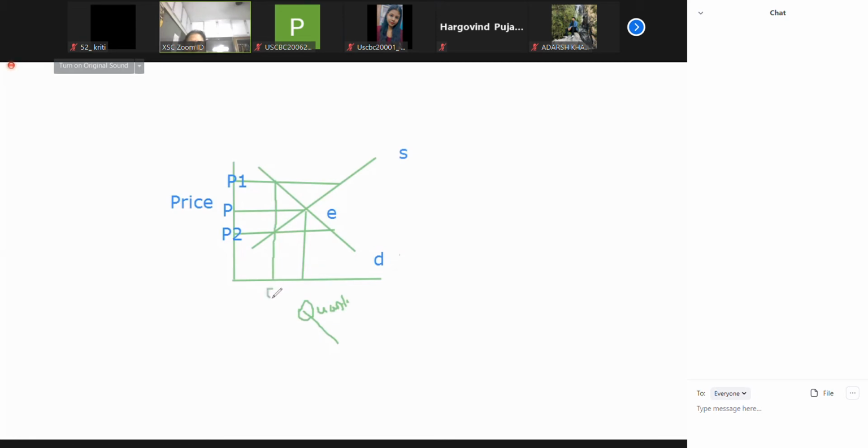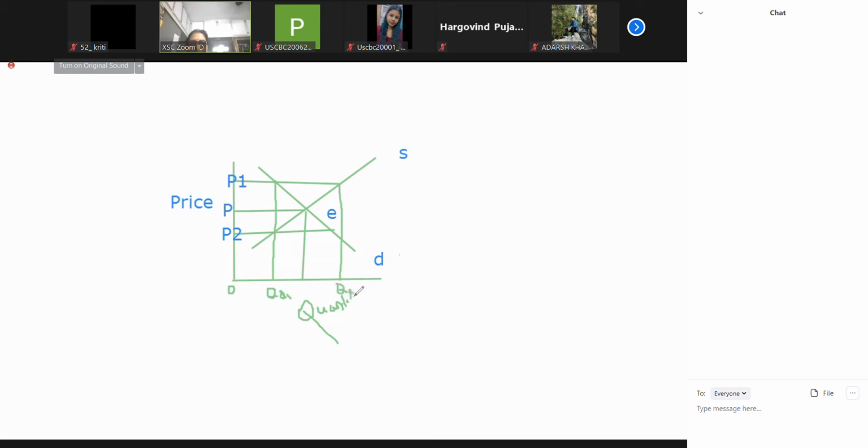Suppose this is QD1. So demand will be OQD1. What will be the supply? Supply is not OQD1. Just extend this perpendicular to the supply line. Here it is cutting it. Now drop a perpendicular from this point. This will be the amount supplied at price P1.